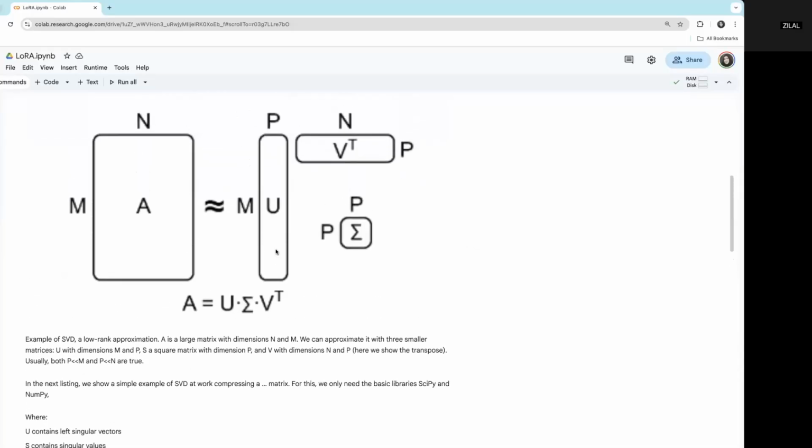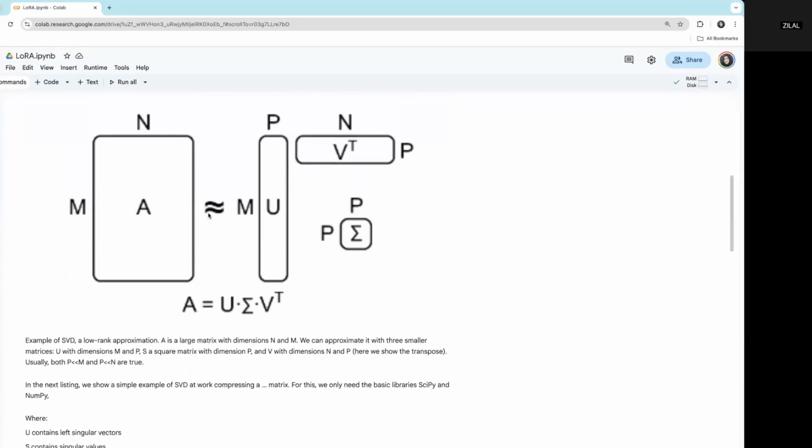So this is the example of SVD. Again, this is a low rank approximation. A is a large matrix with dimensions n by m. We can approximate it with three smaller matrices, U with dimensions m by p, and S is a square matrix with dimension p times p, and V with dimensions n and p.